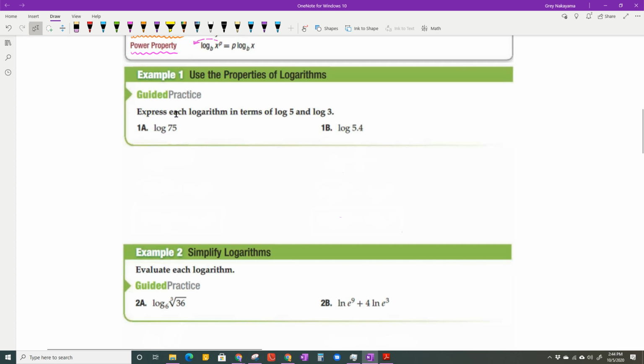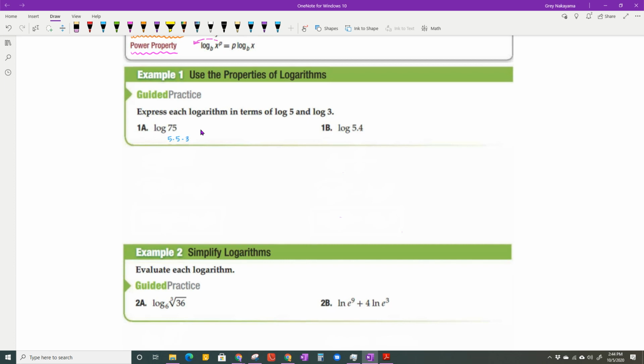So first off, express each logarithm in terms of log 5 and log 3. So I need to figure out how to write 75 as a product of 5 and 3. Well, the easiest way to do that, you could break it down to its primes, since those are both primes, or know that 75 is like 3/4, so that means that you have 25 times 3, or 5 times 5 times 3.